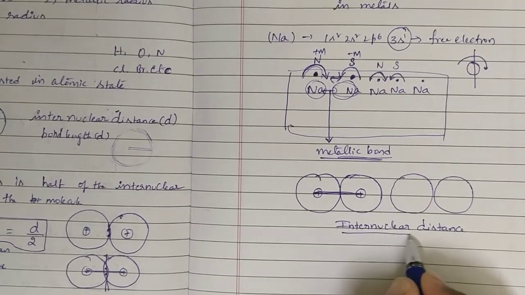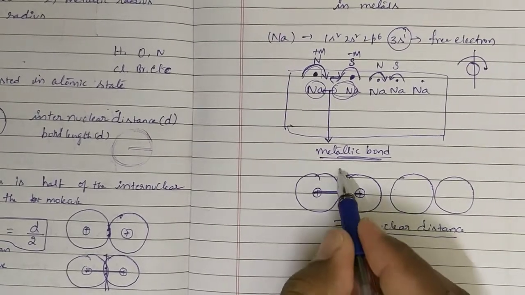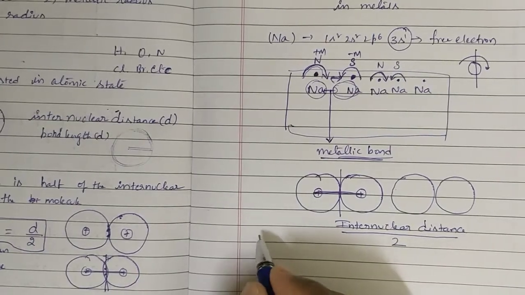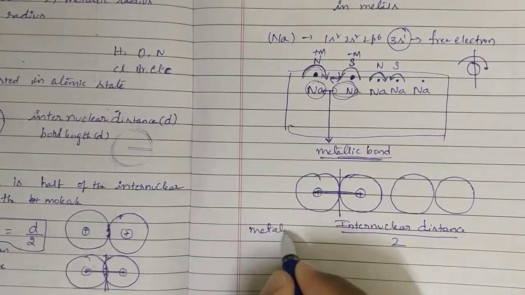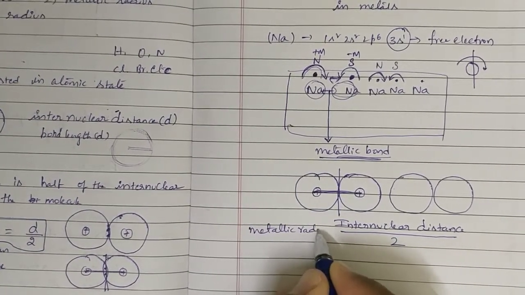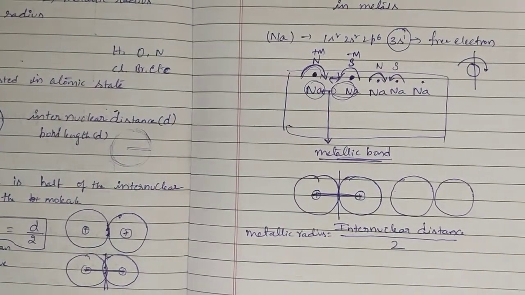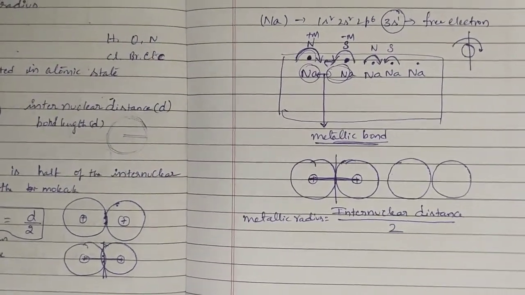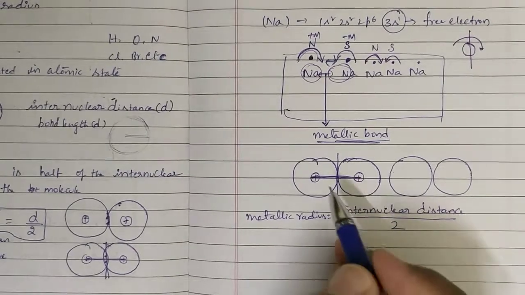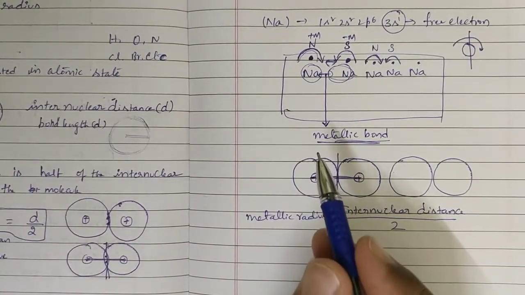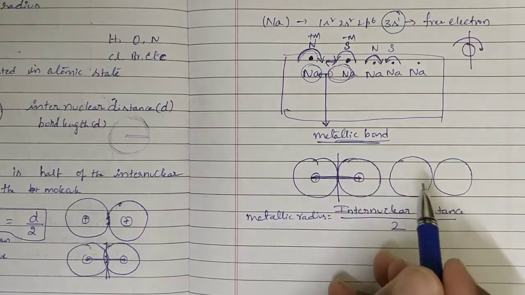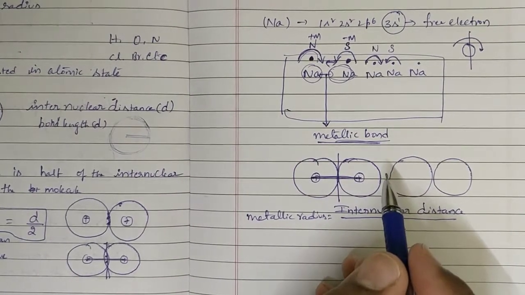Half of that internuclear distance is called metallic radius. How can we find the internuclear distance? I already told you, by using X-ray diffraction techniques. That same technique will be followed here also.